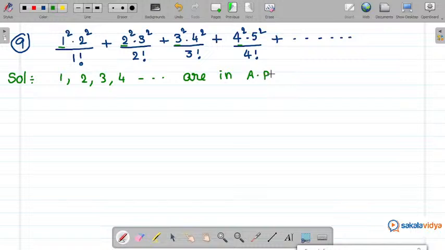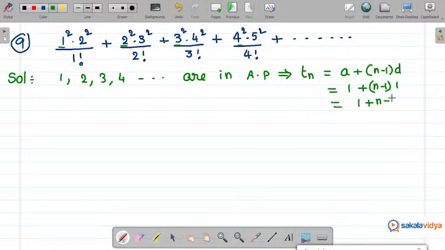So let us find its nth term. The nth term of an arithmetic progression is a plus n minus 1 into d. First term is 1, plus n minus 1 into the common difference, which is 1. So 1 minus 1 gets cancelled, we have n. Obviously 1 square, 2 square, 3 square, 4 square is nothing but n square only. Later we can write it, don't worry.